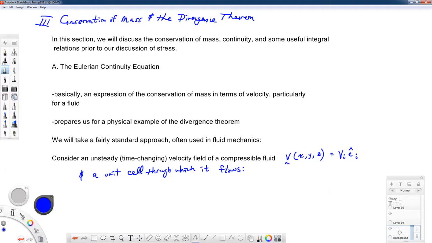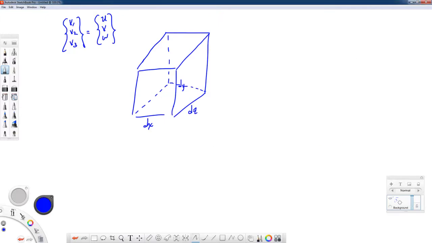Now we're going to take a look at a unit cell through which this fluid will flow. So let me make a little room, and I will draw a cube of material, and we can examine what goes on from one side of the cube to the other and inside of the cube all at the same time. And so these velocity components v1, v2, and v3, we're also going to change the notation up a little bit to be more consistent with fluid mechanics, and we're going to call these velocity components u, v, and w in the x, y, and z directions respectively.